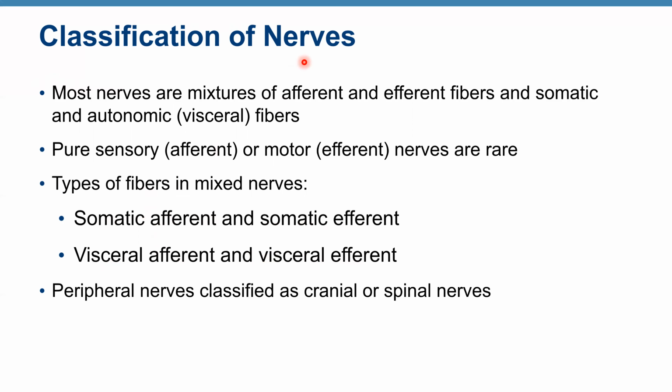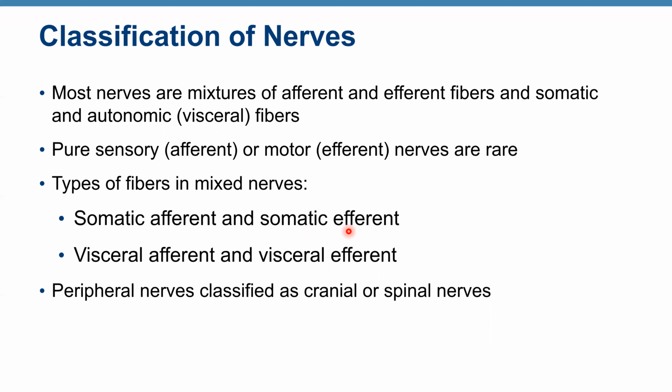So inside a nerve, you have sensation coming from your skin, for example, that you understand, and fibers that bring information from your internal organs, and some of this information you might not understand, like your blood pressure or sugar level. Efferent means motor. Somatic efferent innervates skeletal muscle, and visceral efferent innervates smooth muscle, cardiac muscle, and glands.